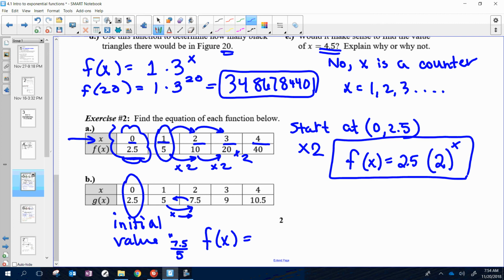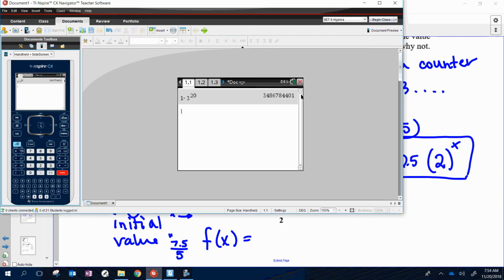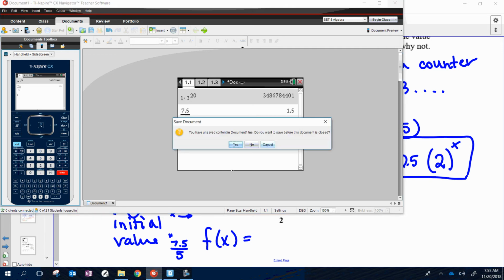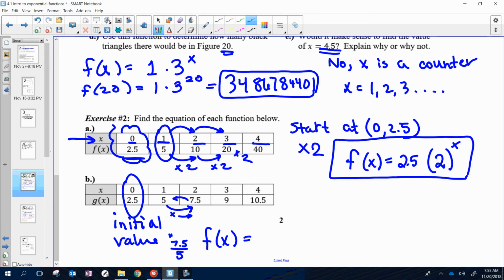On my calculator, 7.5 divided by 5, control divide, 7.5 on top, put a 5 on the bottom. Control enter gives me a decimal, 1.5. Or if I didn't do control enter, it would have been 3/2. So 1.5 is what I'm repeatedly multiplying by.